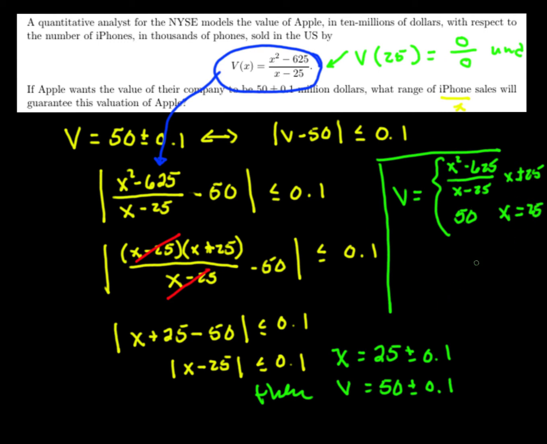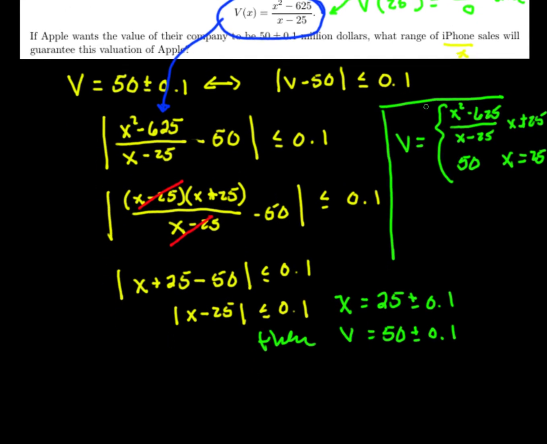And in fact, this function is now continuous because we could take the limit. What is the limit as x approaches 25 of x squared minus 625 all over x minus 25? We know we're taking a limit, so we're not actually at 25.